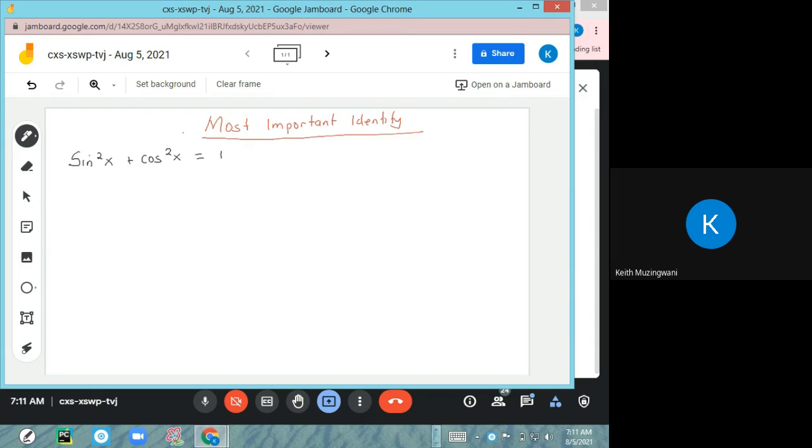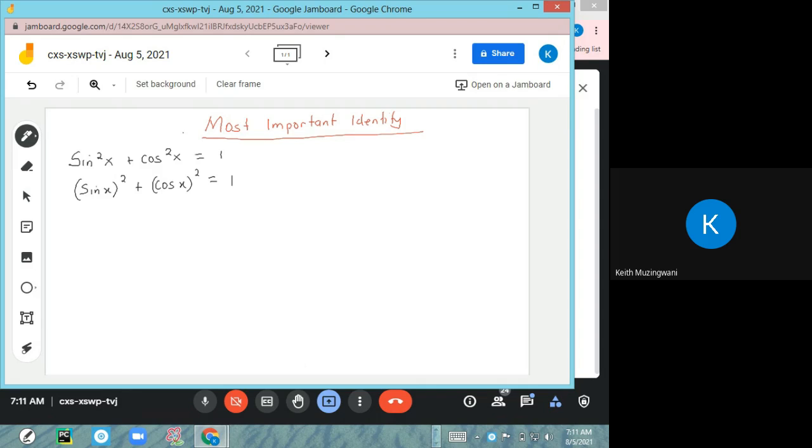Now, when you say sine squared, you can as well write this as (sine x) in brackets squared plus (cos x) squared is equal to 1. We mean the same thing.